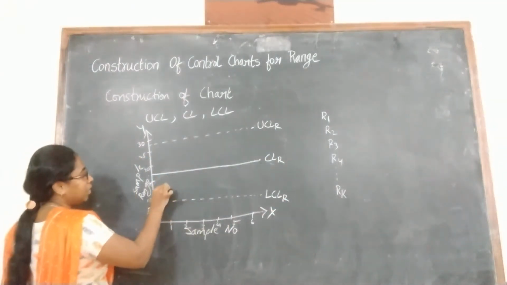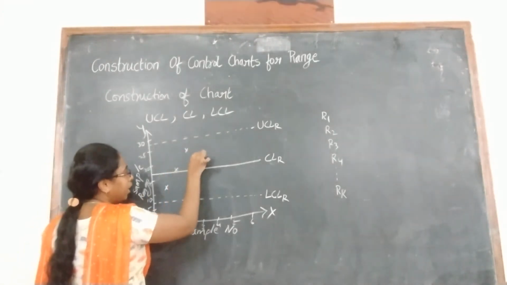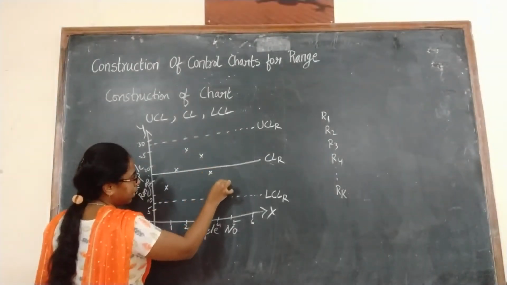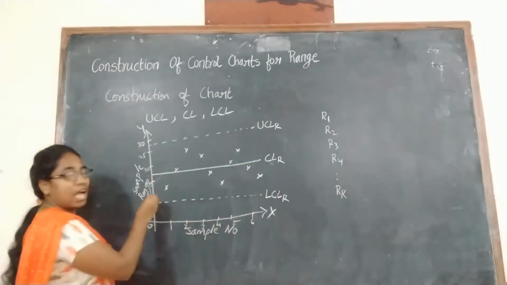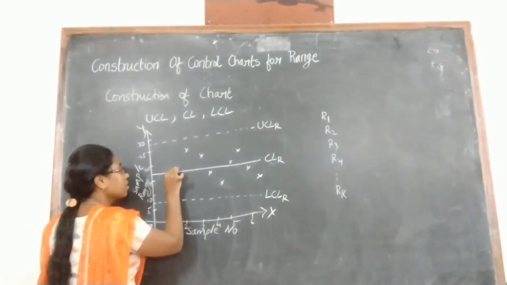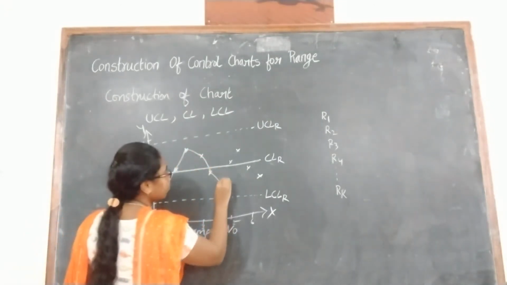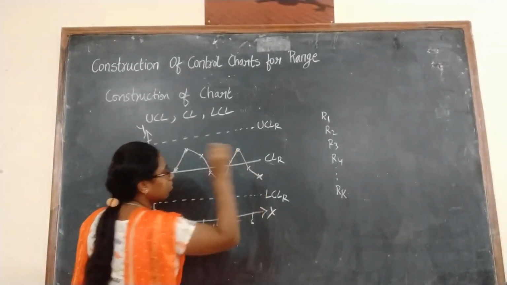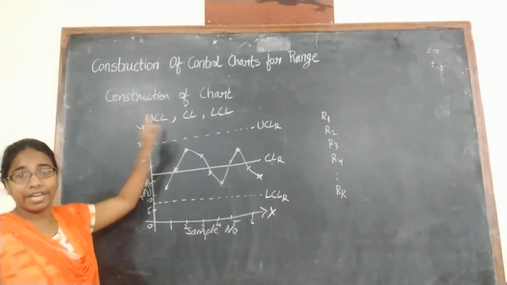For the first sample you get one value, for the second sample another value. You keep plotting all the K sample range values. After plotting, join those values to obtain a curve. So this is the control chart for range.